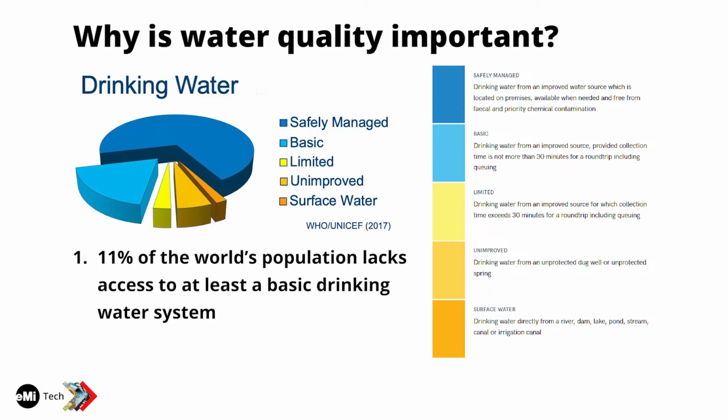And overall, 30% of the world's population falls outside of the safely managed category, which means that it's possible or likely that their water is unsafe for consumption. And of course, a lot of those folks who are in those categories are in the majority world, and a lot of EMI clients, ministries, and communities are certainly at risk of being in those categories.